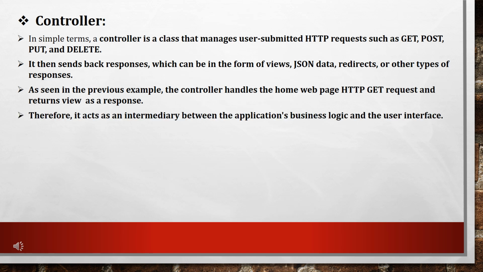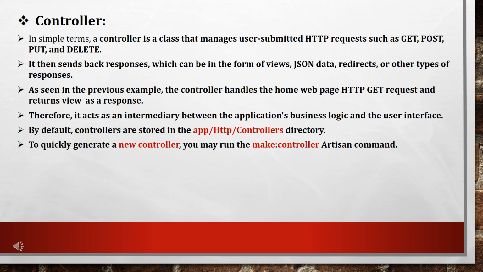Therefore, it acts as an intermediary between the application's business logic and the user interface. By default, controllers are stored in the app/Http/Controllers directory. To quickly generate a new controller, you may run the make:controller artisan command.